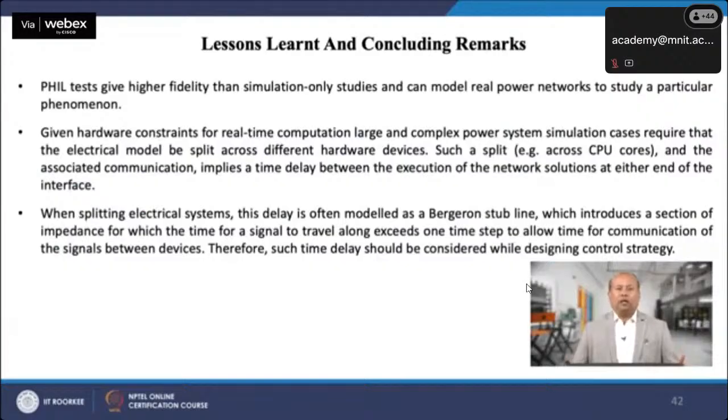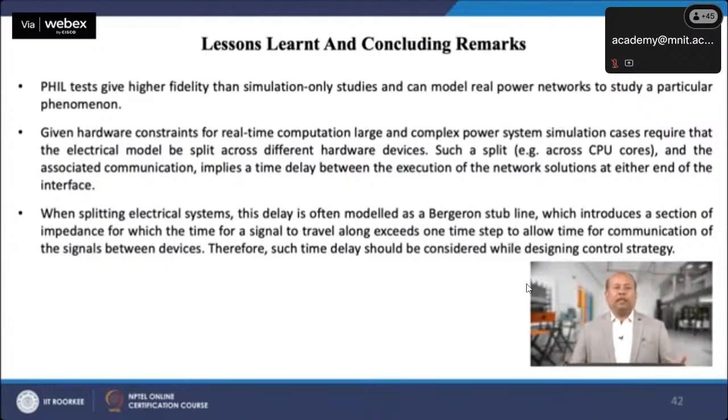Further, with the hardware constraints for real time computation, large and complex power system simulation cases require that the electrical model be split across different hardware devices, for example across CPU cores, and the associated communication implies a time delay between the execution of the network solution at either end of the interface.